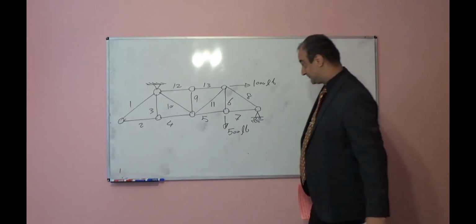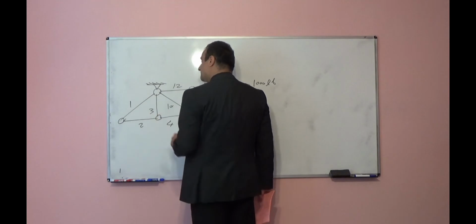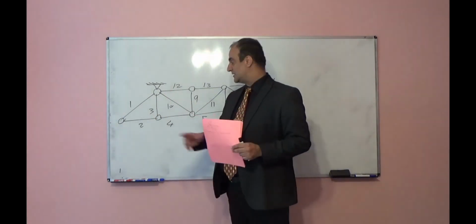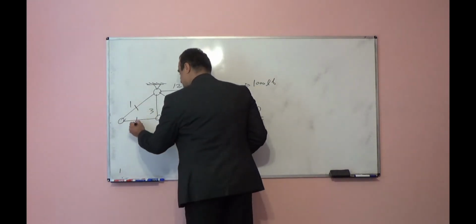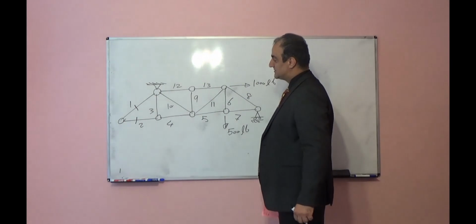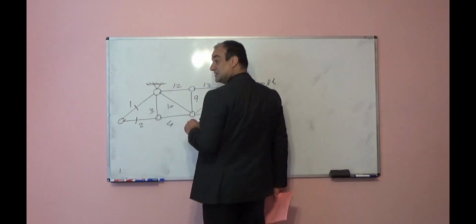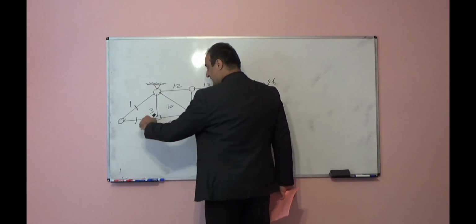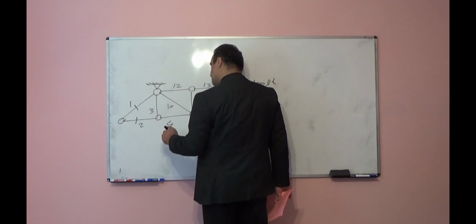Which members are zero? Here, the first joint, 2 members, there is no external load here, there is no support. Both of them are 0 members. Here 3 members, okay, 2 of them are collinear, another comes to that joint and there is no external load.